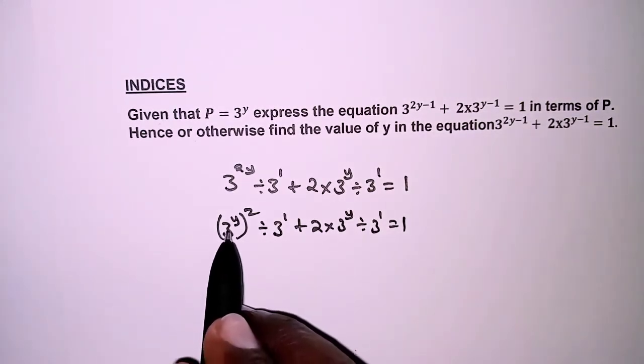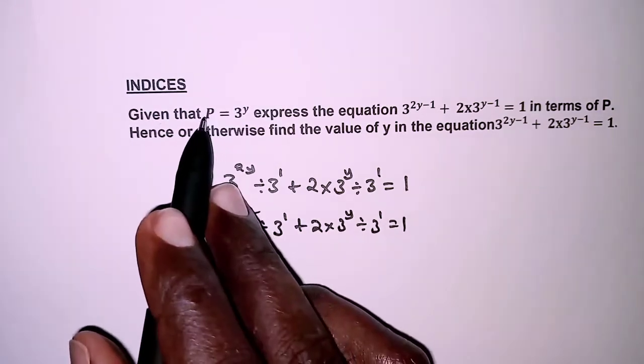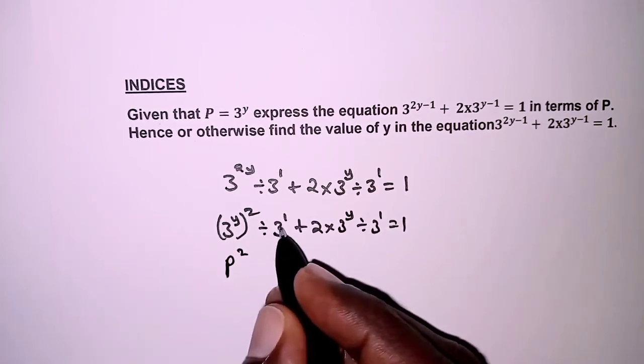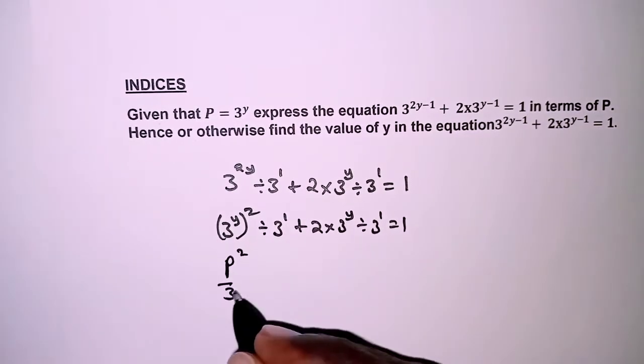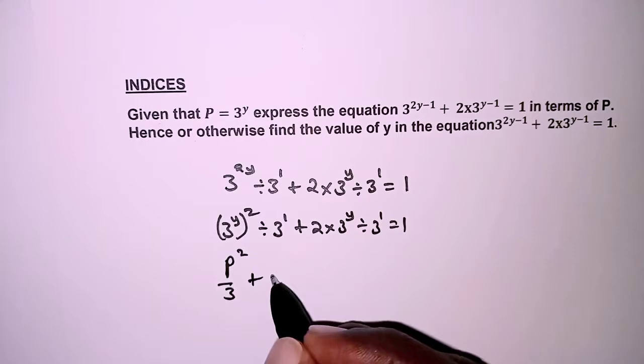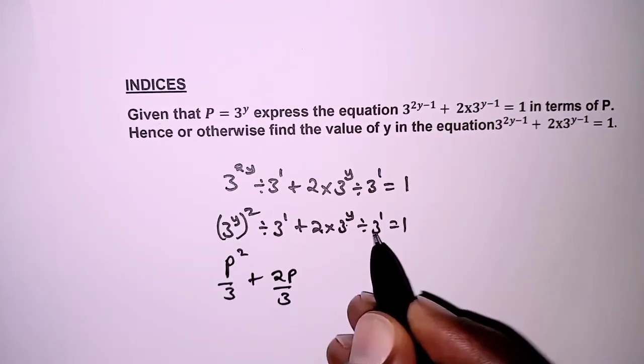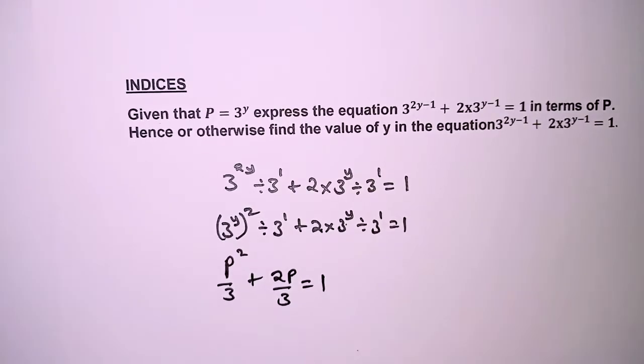Wherever we have 3 power y, we replace it with p, so we're going to have p squared divided by 3 plus 2 times p divided by 3 is equal to 1.